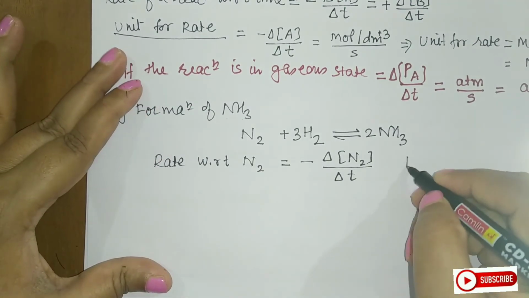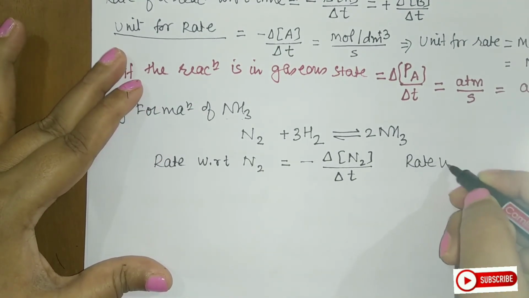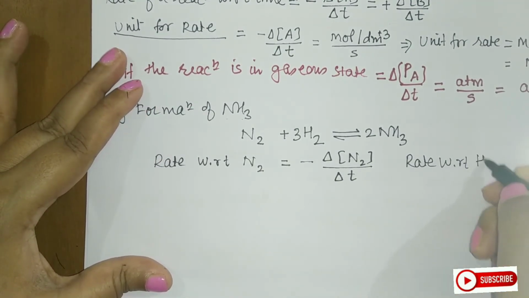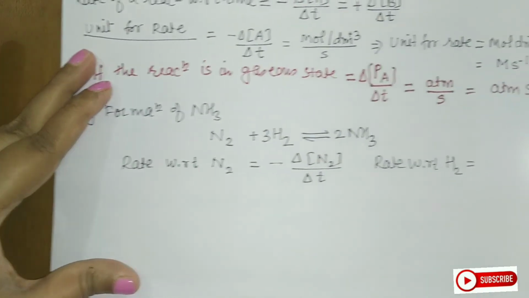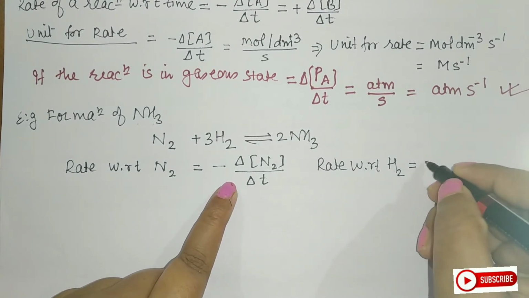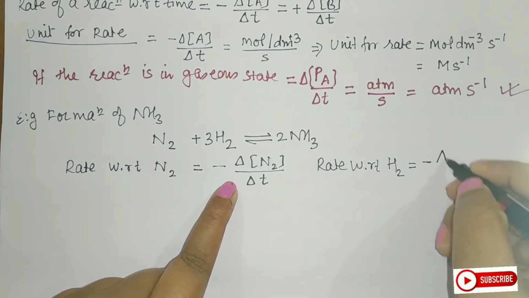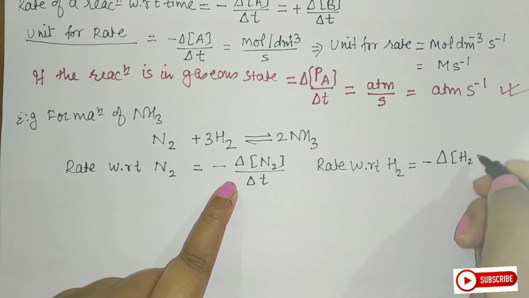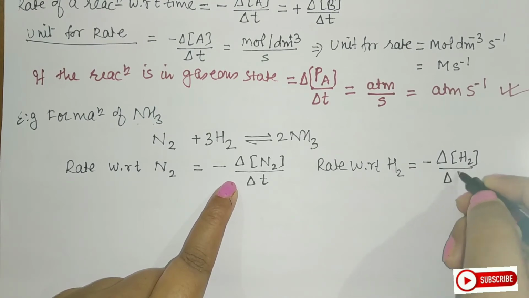So this will be rate with respect to hydrogen. Hydrogen is also the reactant, so its concentration will also decrease. So it will be minus delta H2 by delta T.